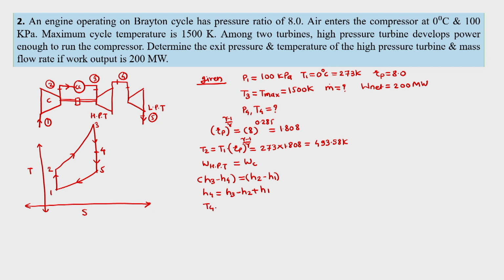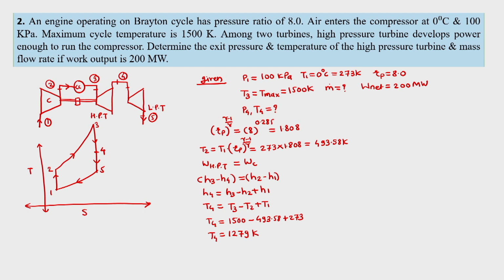So for T4, Cp would get cancelled: T3 minus T2 plus T1. T3 is given as 1500, T2 we have evaluated as 493.58, and T1 is given as 273. So T4 is equal to 1279 Kelvin.